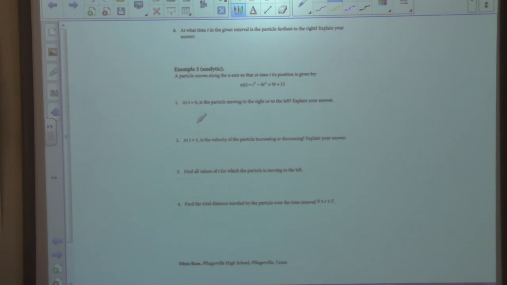So here we have v of t equals x prime of t equals 3t squared minus 12t plus 9. To the right or left, and how would you articulate that? You said right because what?